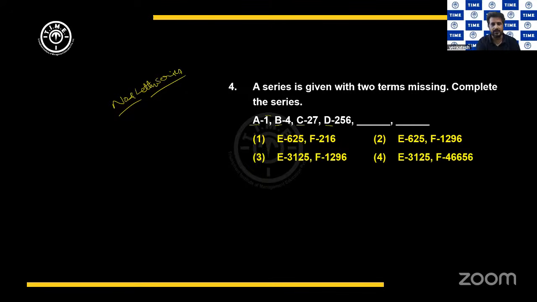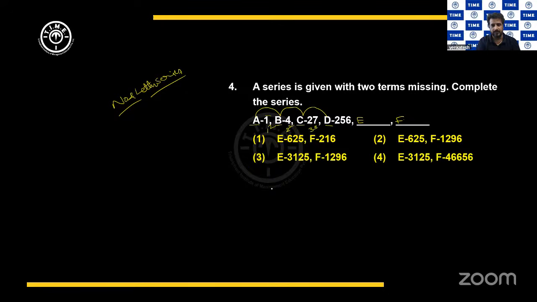Let us go with the letters. A, B, C, D: consecutive letters in the English alphabet. So the next two letters are E, F. Now, if you look at the numbers, 1 is 1 square, 4 is 2 square, 27 is 3 cube.